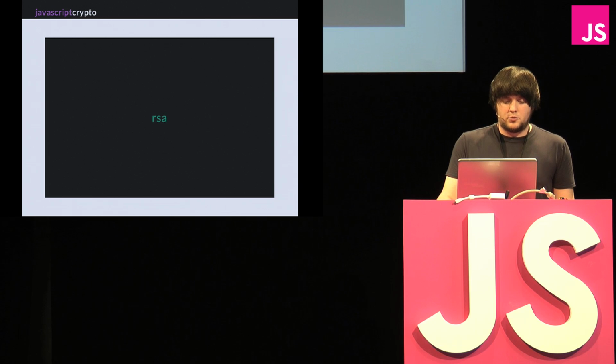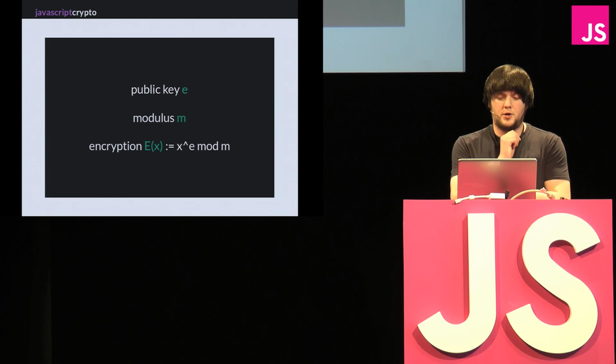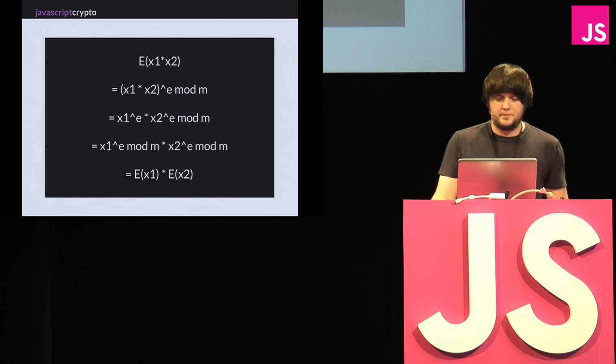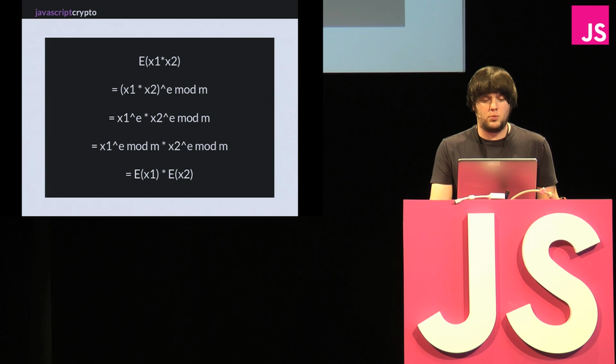We can find this in crypto too. RSA is an example for this. As a quick recap, RSA encryption is defined as having a public key E, a modulus M, and then the encryption is just taking x to the E and then taking it modulo M. If we look at this using multiplication again, then this will again be a homomorphism.